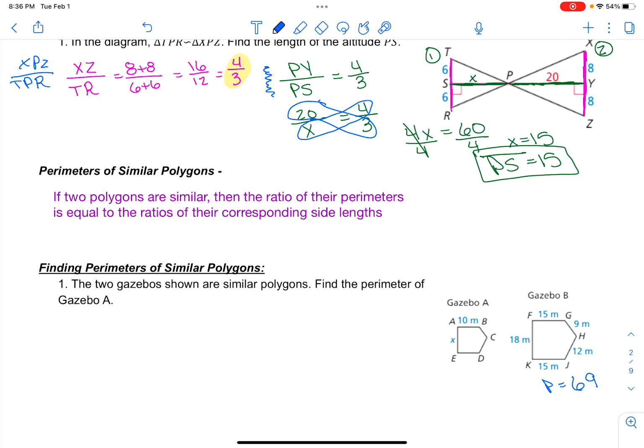Okay, so the ratio of the perimeters is equal to the ratio of their corresponding side lengths. For gazebo A, we only know this side. Everything else is unknown. But AB and FG are in the same position, so they have to be similar.